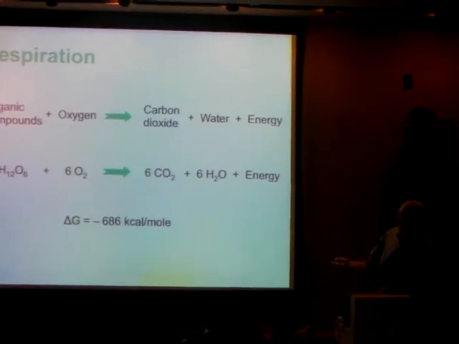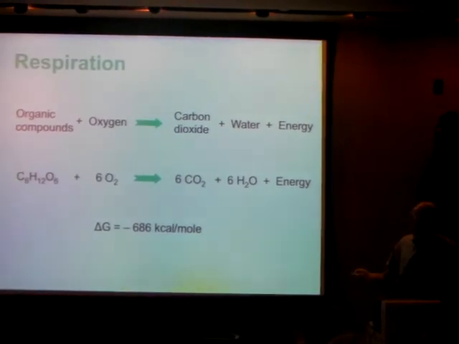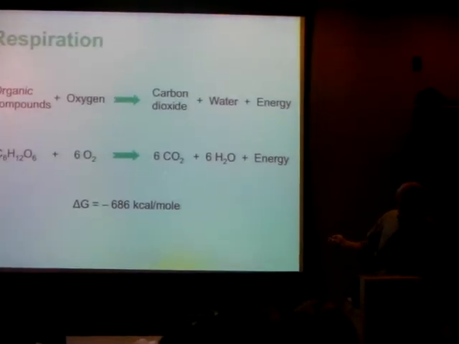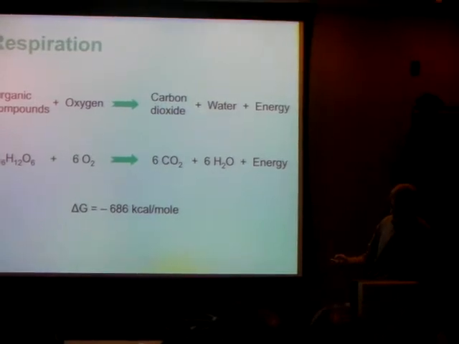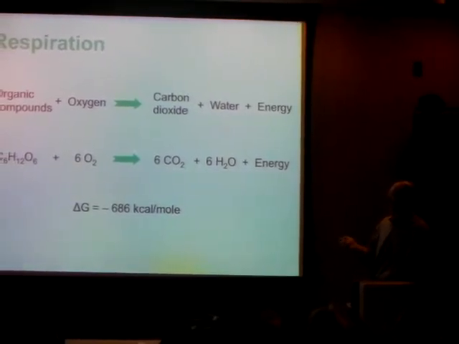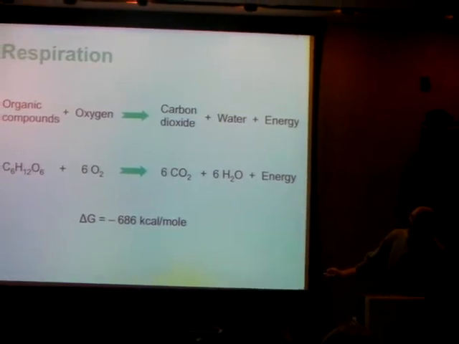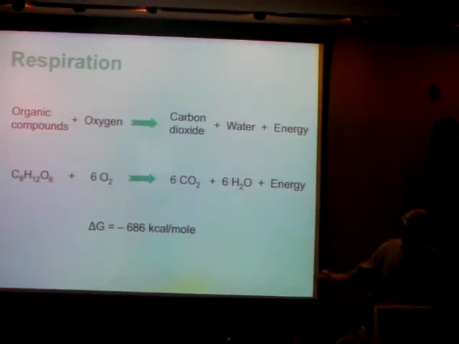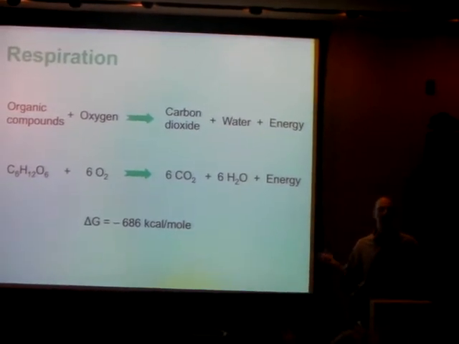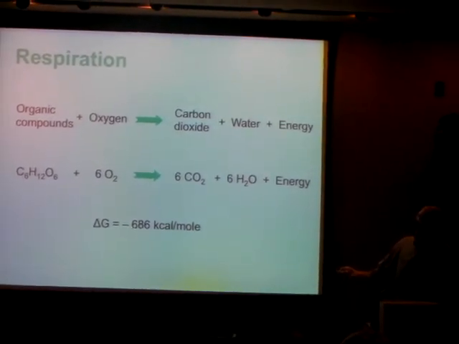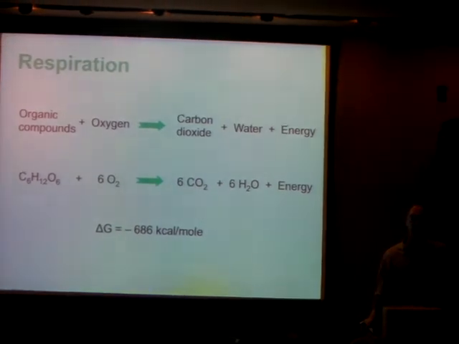So glucose, C6H12O6, combines with 6 molecules of oxygen to make 6 molecules of carbon dioxide, 6 molecules of water, and energy. So the free energy that is potentially released under standard conditions is negative 686 kilocalories per mole.